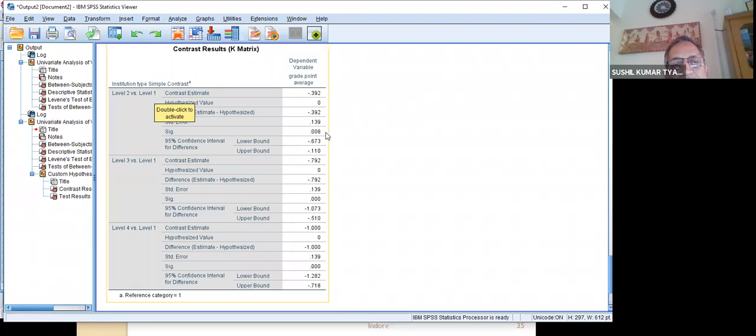This is less than 0.01. Therefore, it is significant. Thus, this contrast is significant. That is, level 1 institution is significantly at higher level, higher grade, higher GPA than level 2. This is how level 1 and level 2 have been compared.